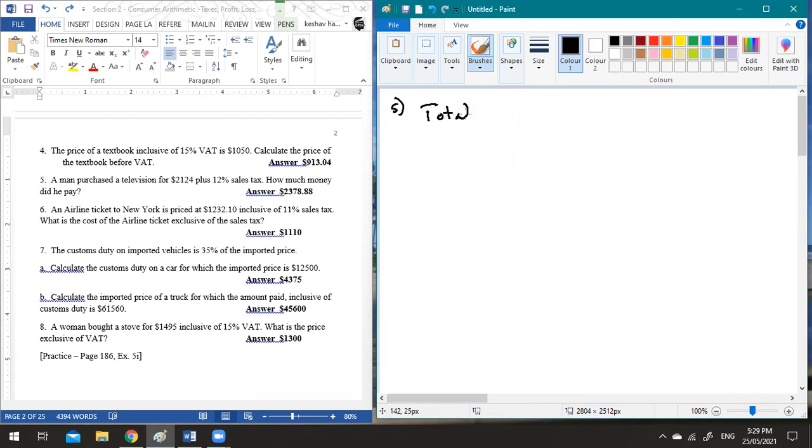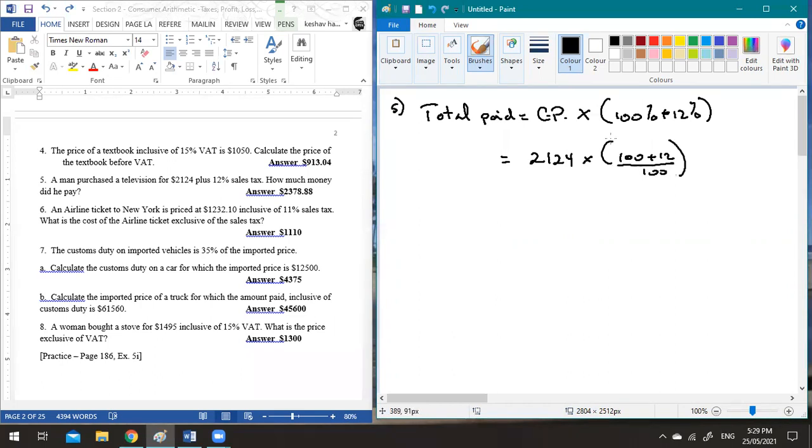The total amount paid, or the price after tax, is the cost price multiplied by 100%, add 12%. So 2,124 multiplied by 100 plus 12 over 100. And we could say 112%, which is the same as this.